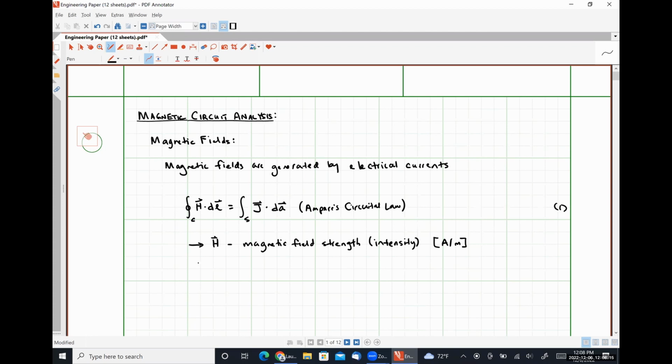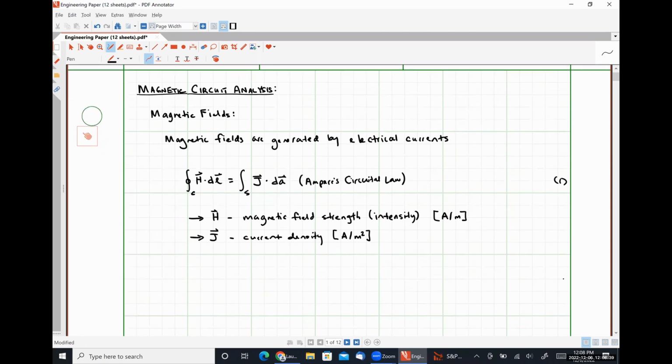And then J is the current density vector, measured in amps per meter squared.